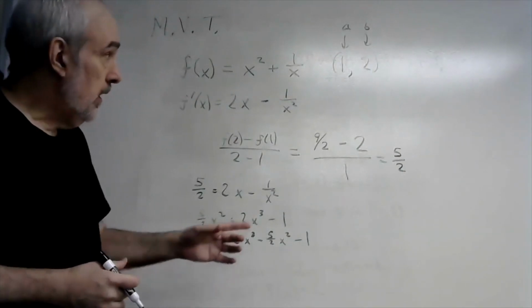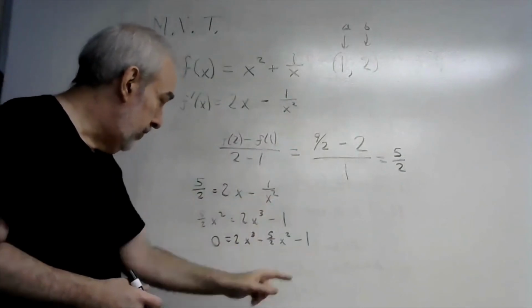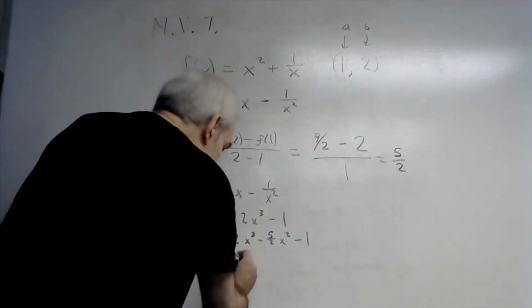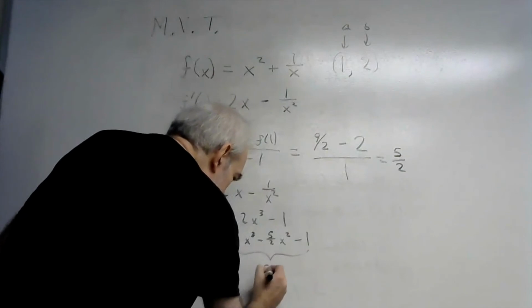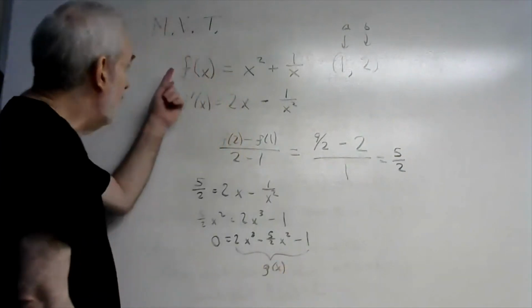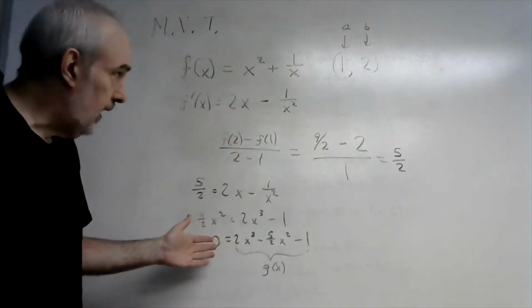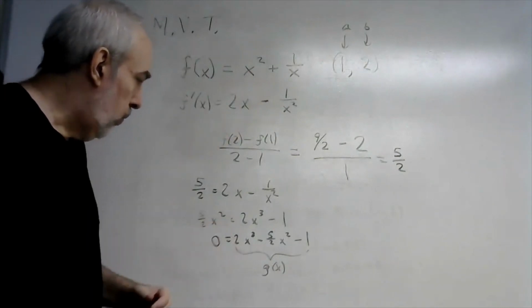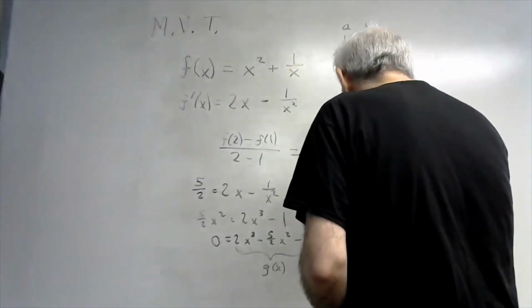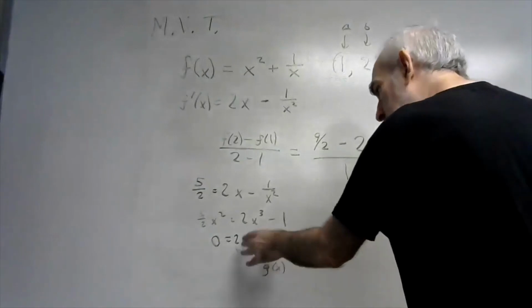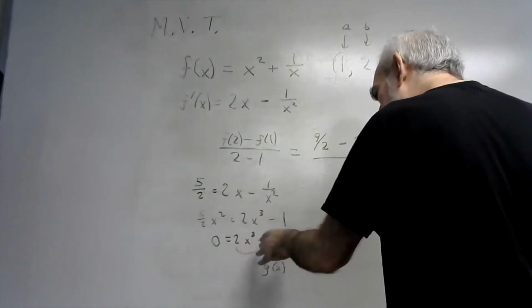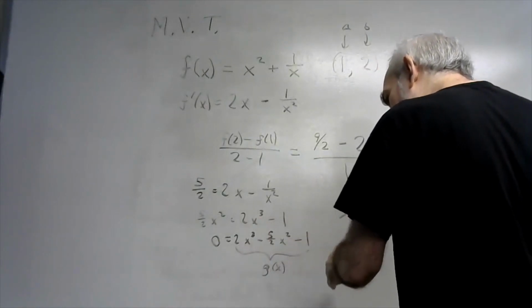Normally they would want you to find the exact value, but really you can just explain that it exists. If we plug in 1 into this function, let's call this g of x, since we've already got an f of x in the problem. What is g of 1? If we plug in 1 for x, we get 2 minus 5 halves minus 1.